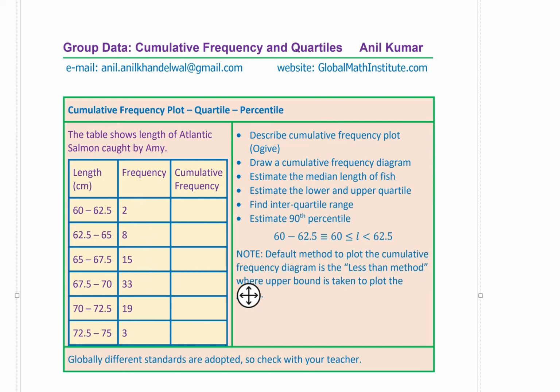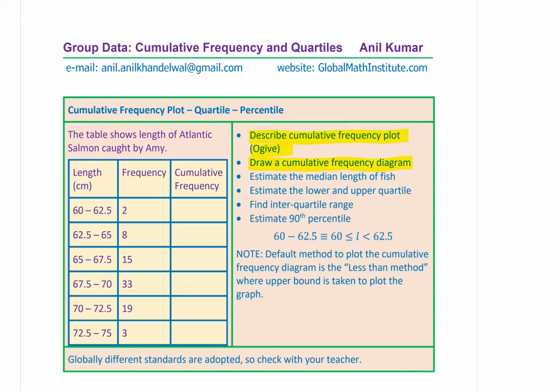Now, from this data, what are we going to find? Well, first describe what a cumulative frequency plot, also known as an ogive, is. Then we are going to draw the cumulative frequency diagram. Cumulative frequency plot is given different names. We call it a cumulative frequency graph or a polygon also.